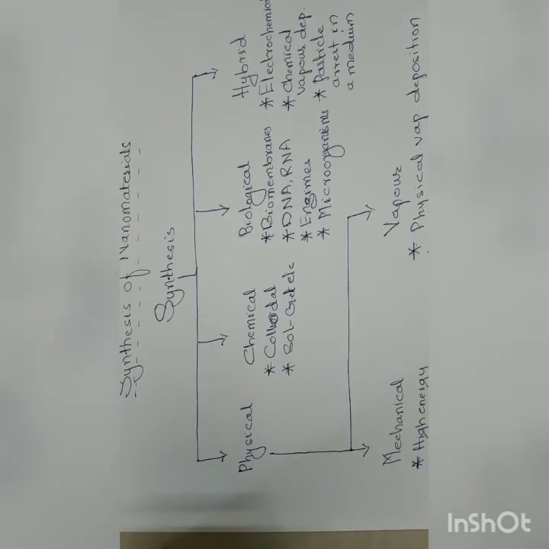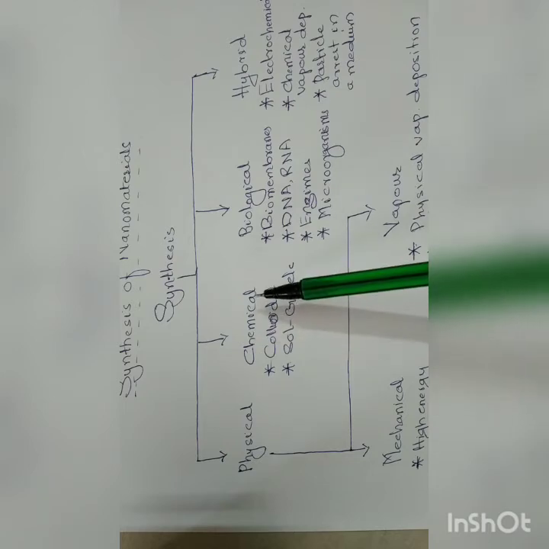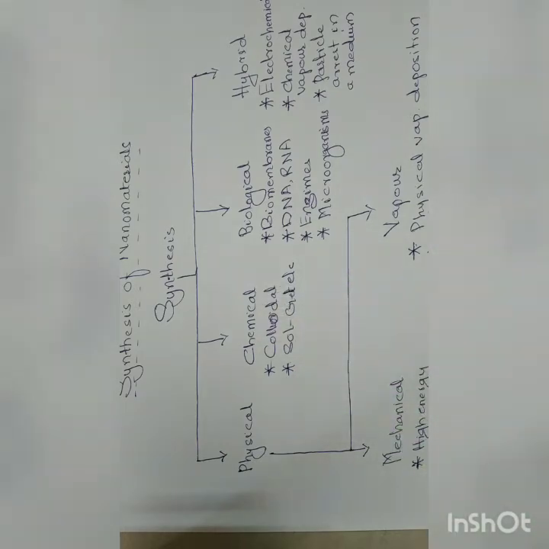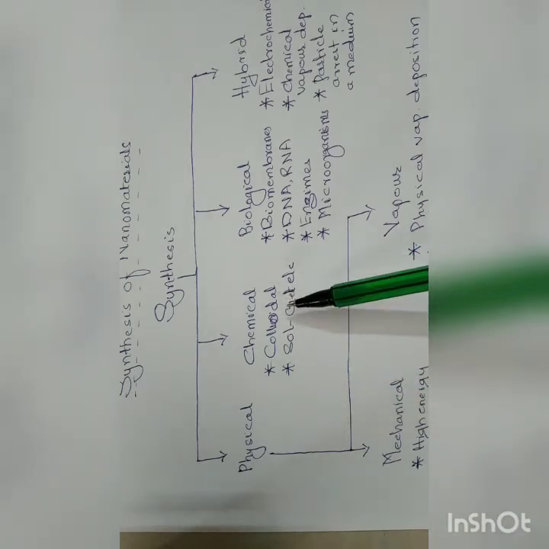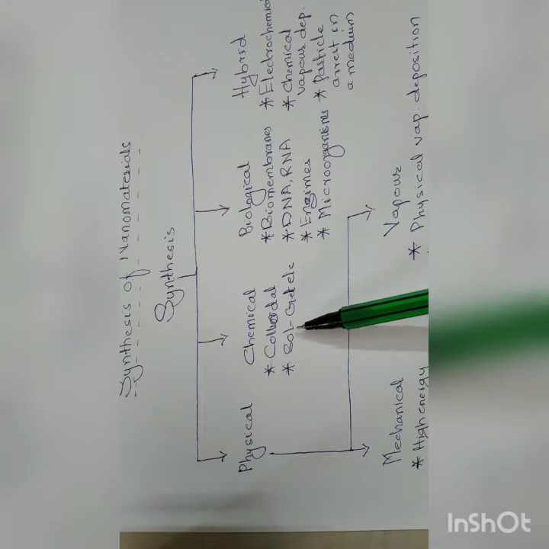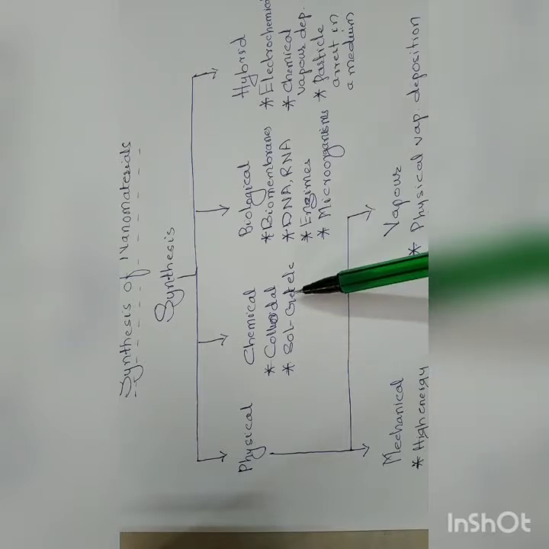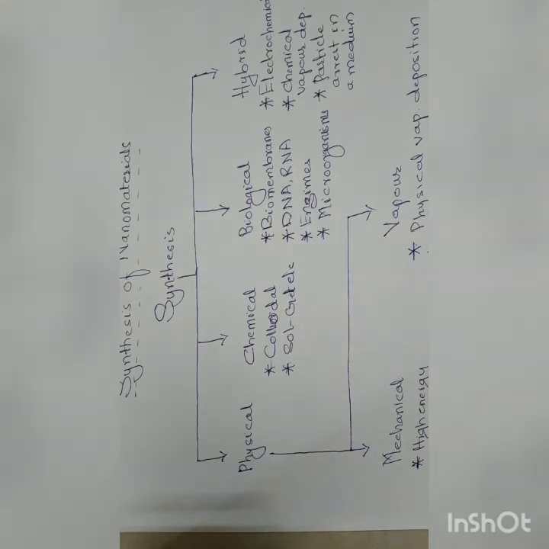Now if you go to the second group of synthesis of these materials, that is the chemical methods of making nanoparticles, the simplest and most interesting is the colloidal route of synthesis of nanoparticles. Then you have the sol gel method of making nanoparticles. Later I will be discussing in detail the colloidal synthesis of nanomaterials.